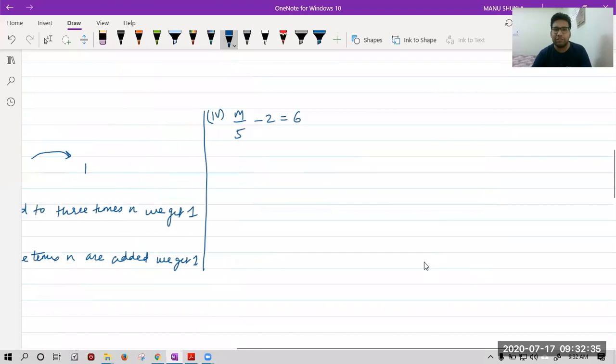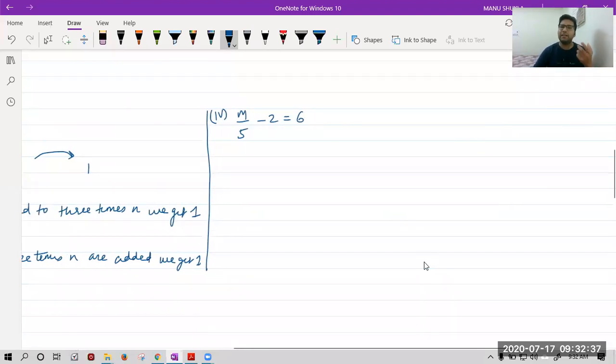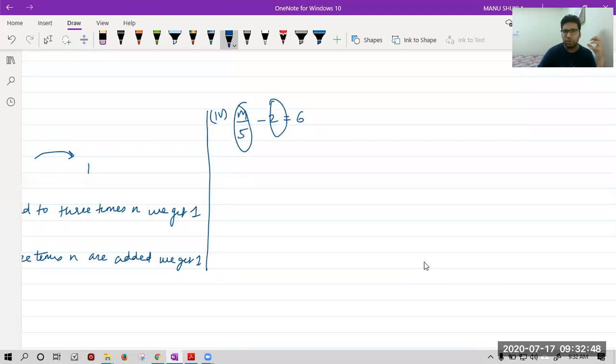First, let's understand what is happening. We are understanding that 2 is subtracted from m upon 5. This is the first term. This is the second term. We are getting that the second term is subtracted from the first term.